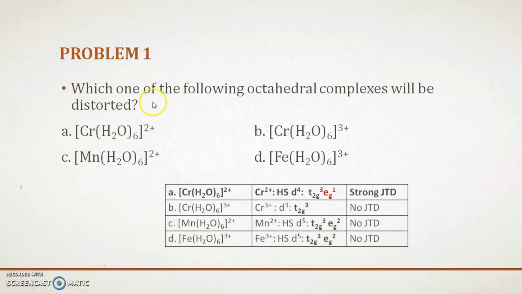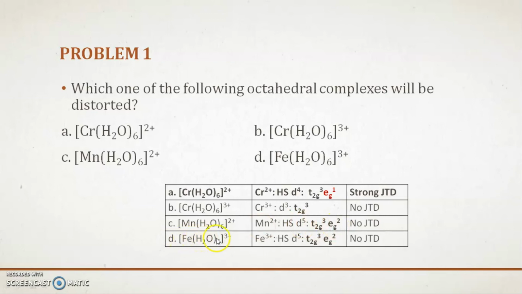Here I have given chromium in 2+ oxidation state. 2+ is d4, atomic number 24. d4 is t2g3 eg1. Chromium in 3+ oxidation state is d3, so t2g3. Mn(H2O)6 2+ is high spin d5, t2g3 eg2.